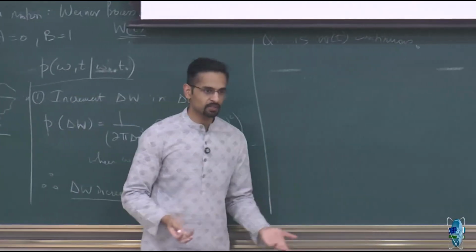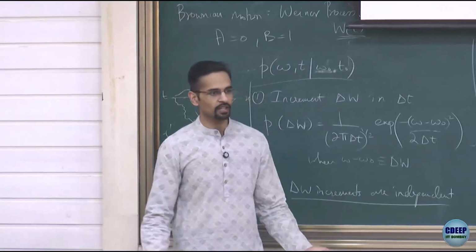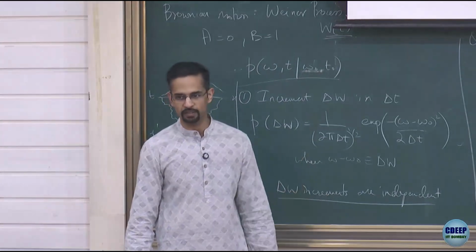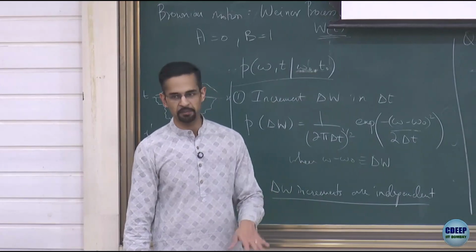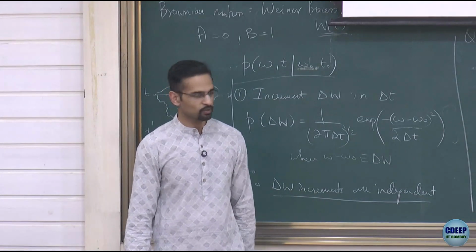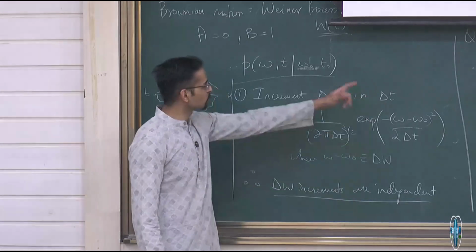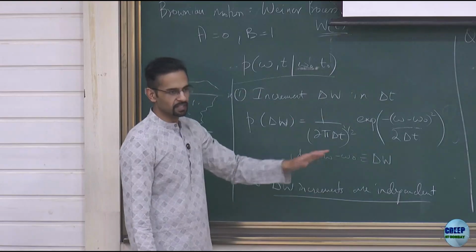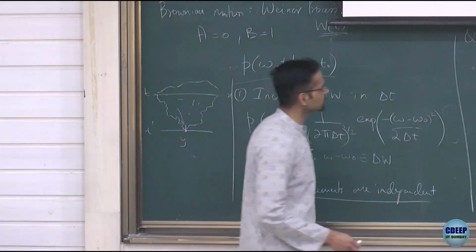Why? Because it's this process that's coming out of the Fokker-Planck equation, which is valid only for continuous stochastic processes. That's what we started with. Right? To derive the Fokker-Planck equation, we had to assume that the Lindeberg condition holds. Right? So it has to be continuous. But we can easily show it from the Fokker-Planck equation, just like a consistency or sanity check, and that will help us in the next step. Okay?